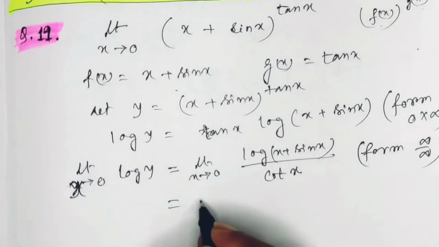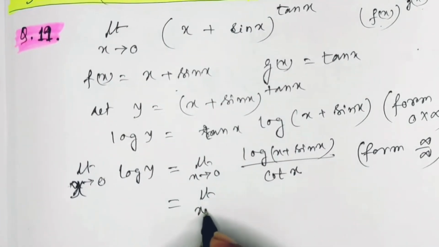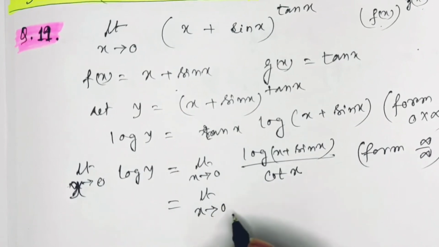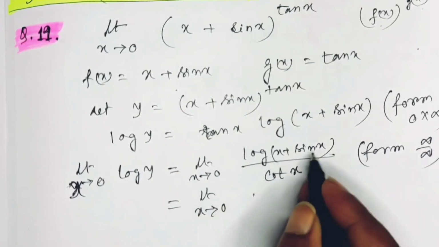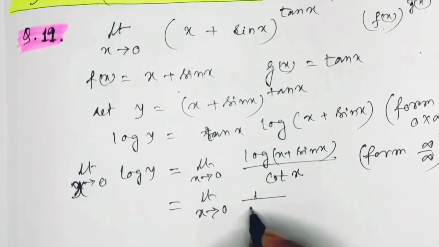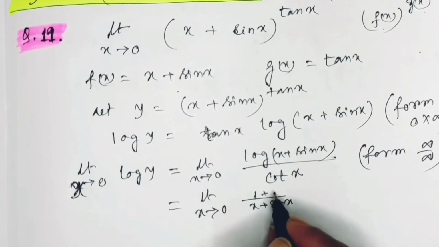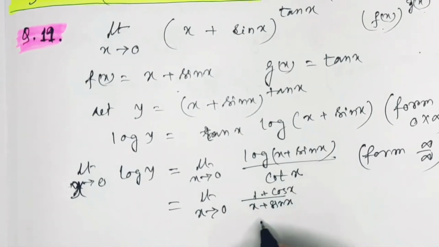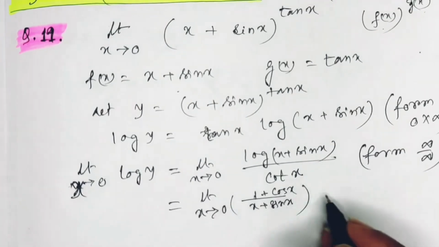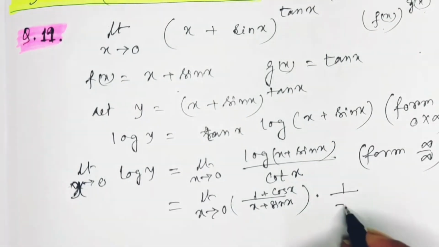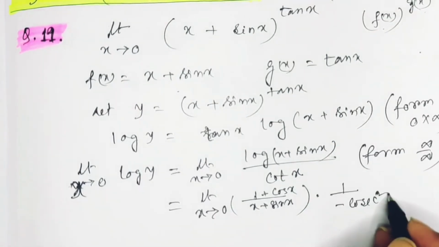So now we take the derivative of the denominator and numerator. We shall find, for the numerator, 1 upon x plus sin x, times its derivative, which is 1 plus cos x. And for the denominator it is 1 upon minus cos square x.